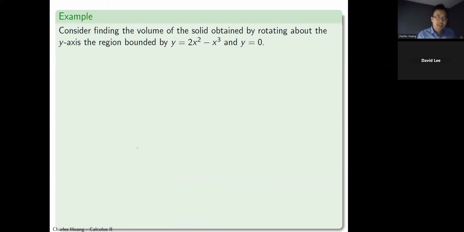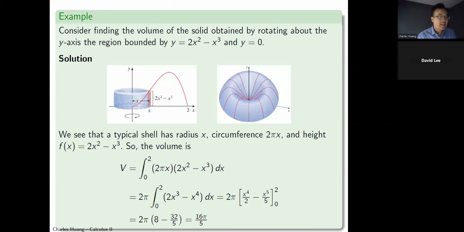Okay, so in that example that we had, we have our shape like this. When I look at each of my slices, the circumference, so the total circle length of my slice, is 2 pi x.